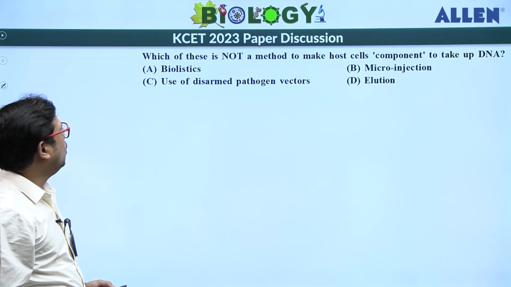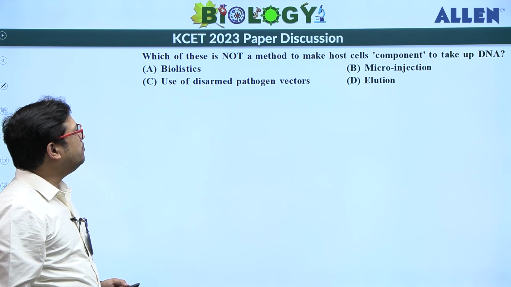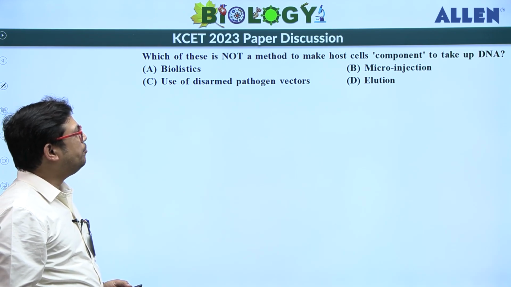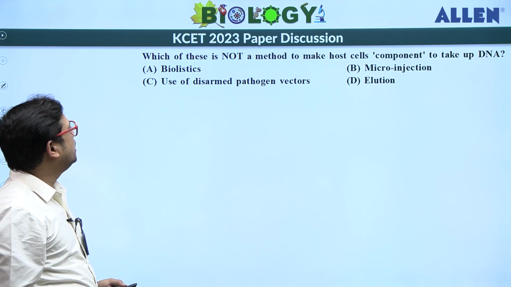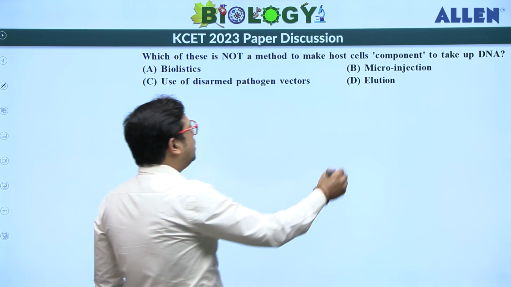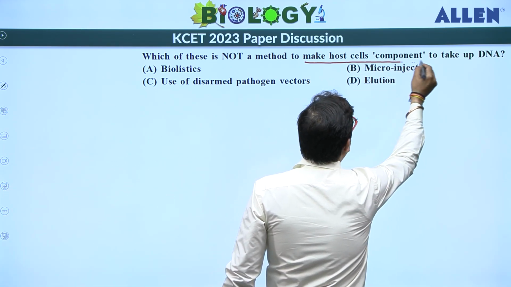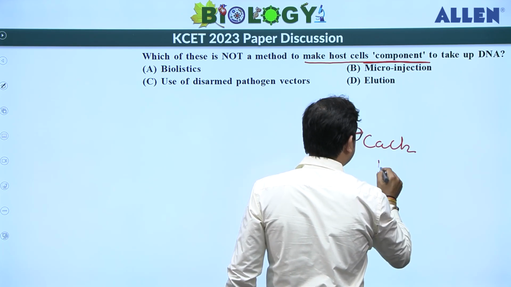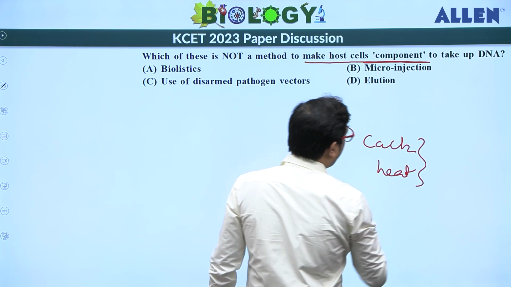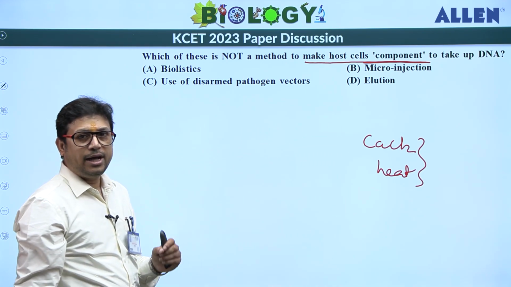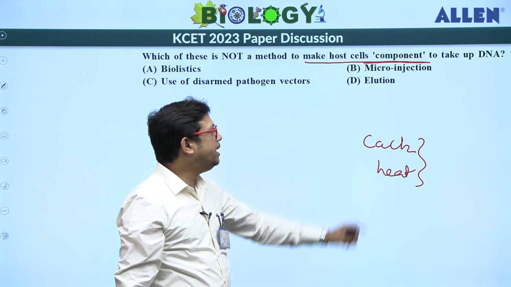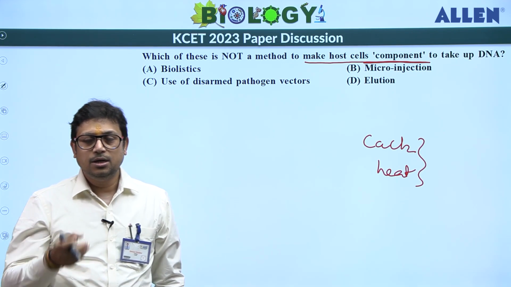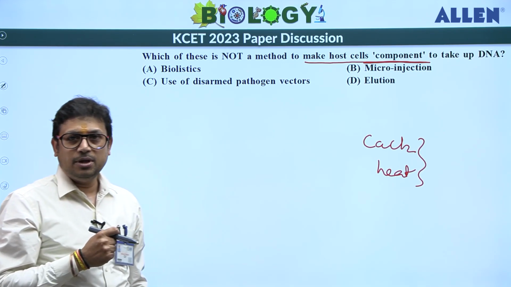Next, which of these is not a method to make a host cell competent to take up the DNA? To make the host cell competent, generally we use calcium chloride and heat. Actually the calcium ion along with heat makes the cell competent to take up the DNA from the surrounding medium.